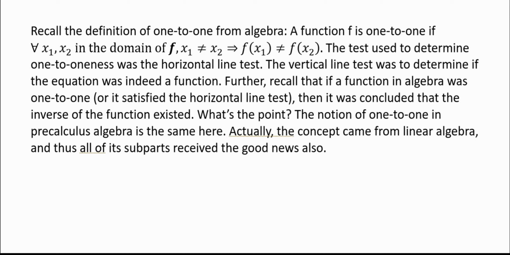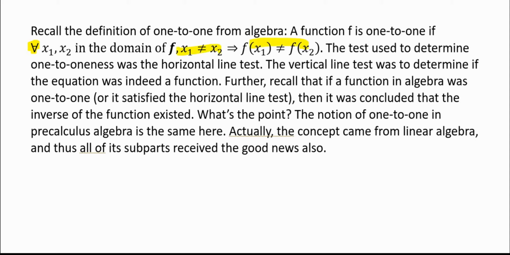So recall the definition of one-to-one from algebra. A function f is one-to-one if for all x sub 1 and x sub 2 in the domain of f, where x sub 1 and x sub 2 are different, so for all distinct values in the domain of f, that implies that the image values, the function values, are also distinct.